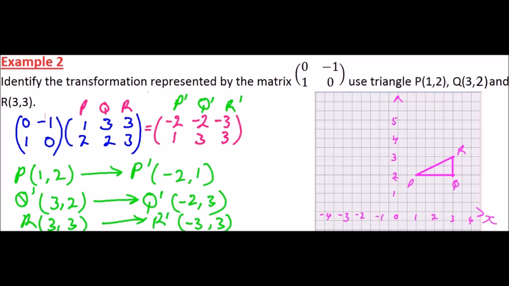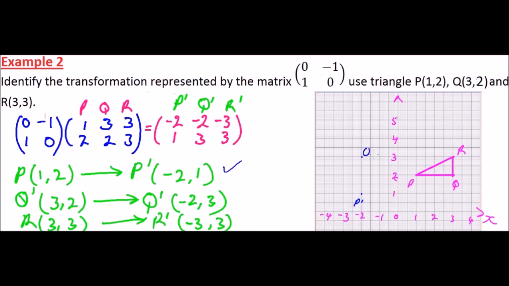From there, we are going to plot the triangle P prime, Q prime, and R prime. So our P prime is minus 2, 1. That's where we have minus 2, 1. So that is our image of P. Our Q is minus 2, 3. That is where we have our Q, and our R is minus 3, 3.